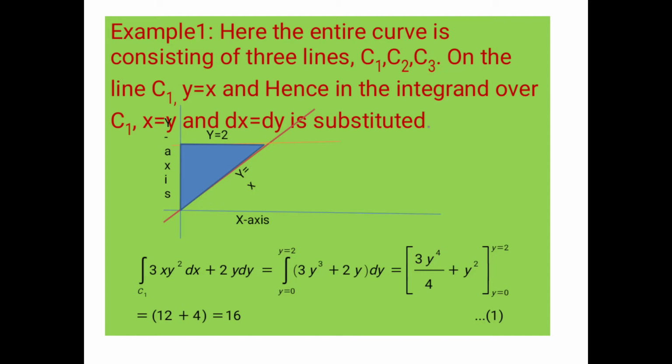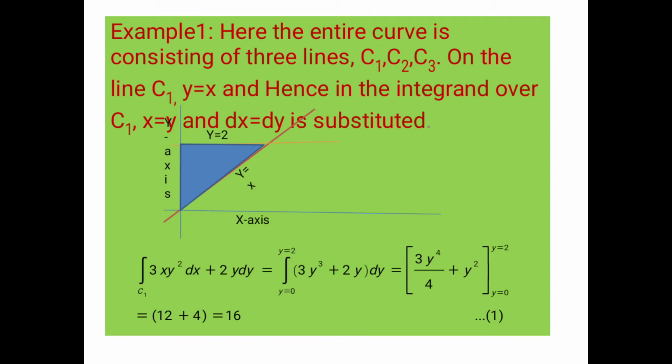In other words, C1 is the line y = x varying from (0, 0) to (2, 2), and C2 is the line y = 2 varying from the point (2, 2) to (0, 2), and C3 is the y-axis or x = 0 varying from the point (0, 2) to (0, 0).